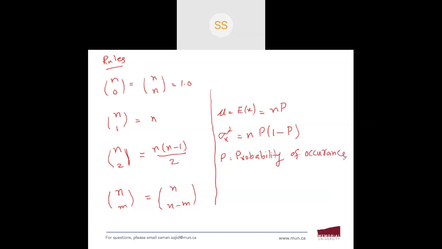Now there is another notation that we use some of the time, the q. Q is the probability of non-occurrence.